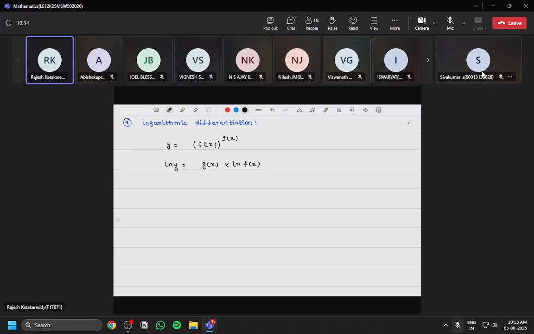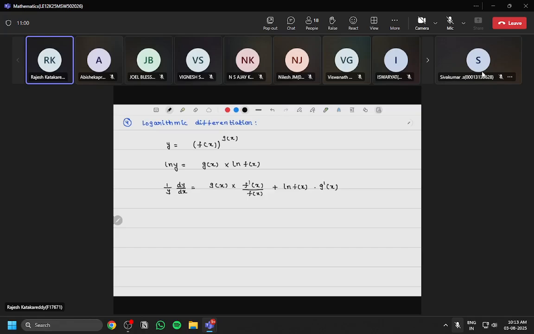Clear? ln y derivative is 1 by y into dy by dx is equal to, now, by the u into v rule, first g of x into the derivative of log of f of x, which is f dash of x by f of x, plus log of f of x into g dash of x.